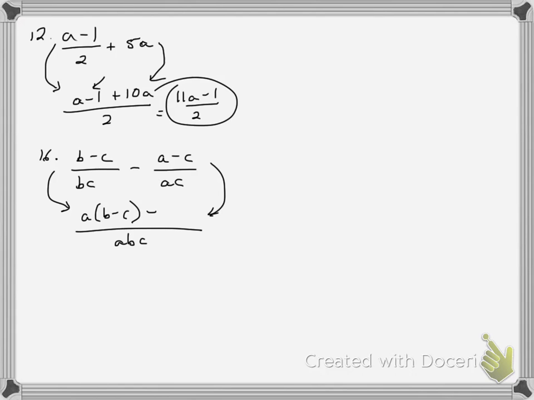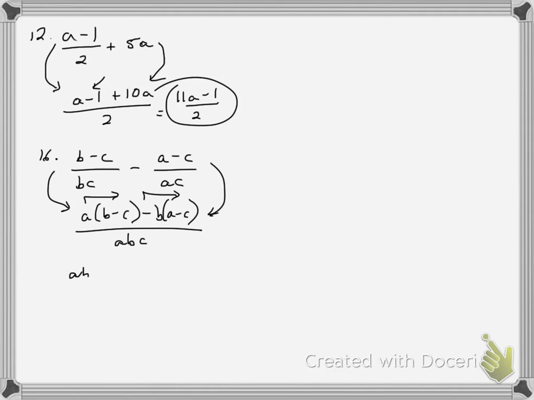I can distribute this negative later. Okay, I'm going to take A minus C multiplied by the B. Normally I would write this with my minus b here rather than the b afterwards. Okay, my next step then will be to distribute that and to distribute that.